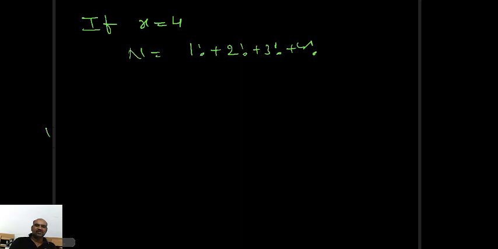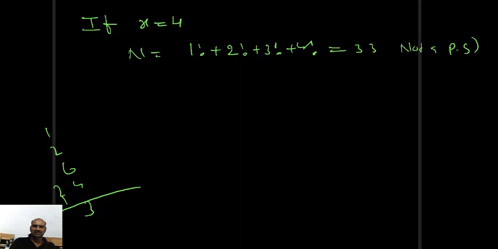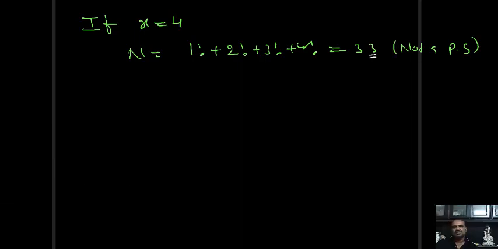So, 1 plus 2 plus 6 plus 24, 10, 13, 33, which is not a perfect square, not a PS. For x equal to 4, the value of n is 33, never a perfect square.